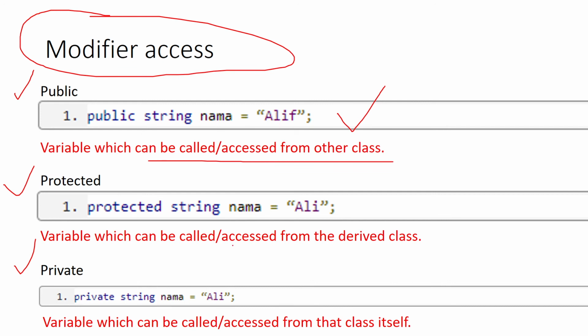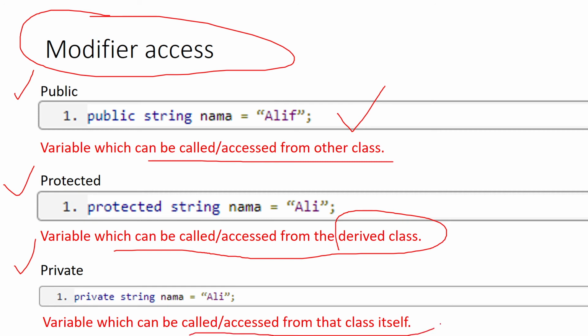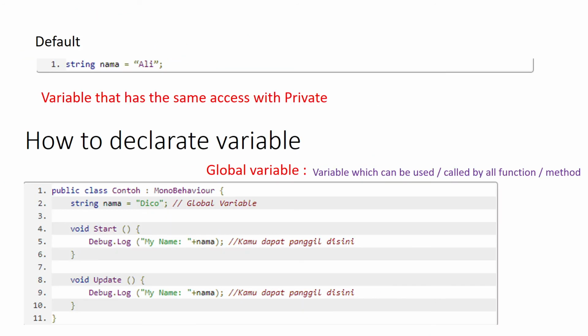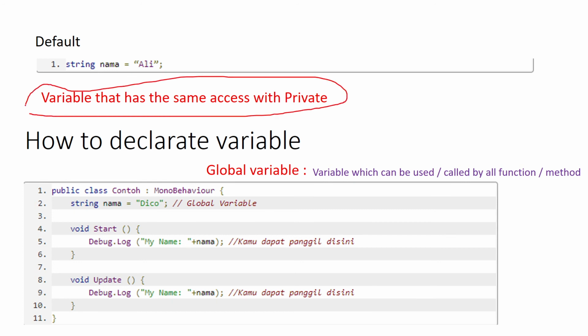But if it's protected, it can only be called from the derived class, so not all classes can access it. And private can only be accessed from the class itself. Because it's private, it can be called only from that class itself, not even from the derived class. And default variable has the same access as private.